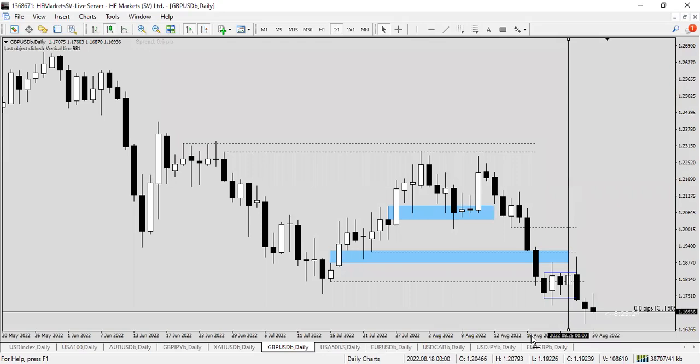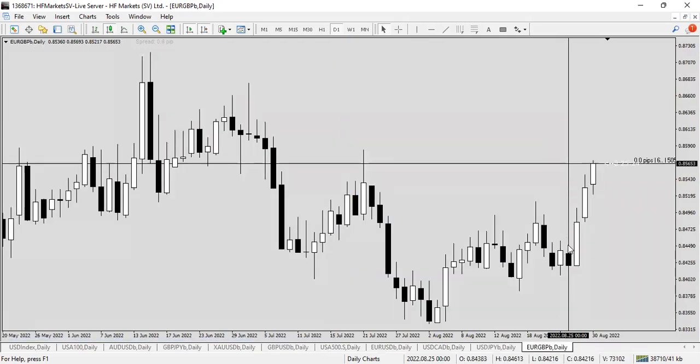So for EG, on this day, we had a huge bullish impulse that took out daily highs, which is suggesting at that point in time that Euro is stronger than GBP, right? Or GBP is weaker, depending on how you want to look at it.